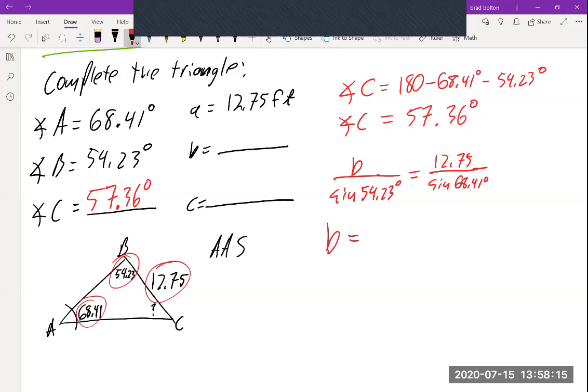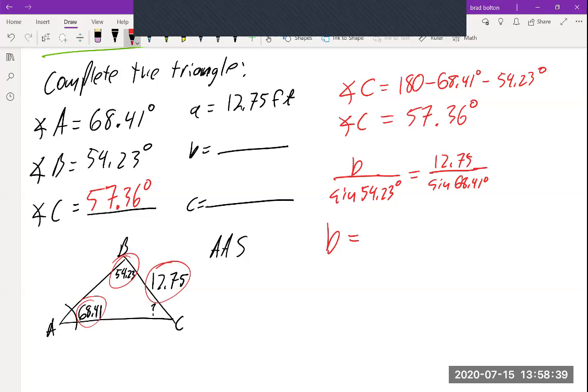So now I'm going to just use my calculator. So I'm going to do 12.75 divided by the sine of 68.41. Hit enter. Make sure your calculator is in degree mode, by the way. And then I'm going to multiply this times the sine of 54.23 degrees.